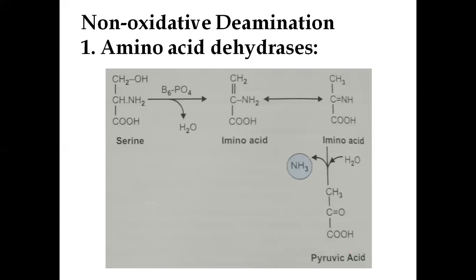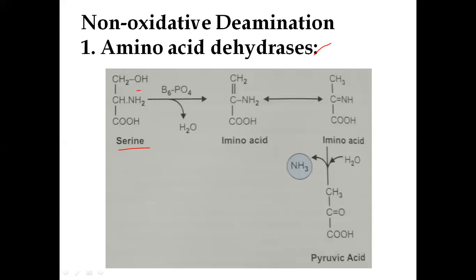First, we'll take up amino acid dehydrases. Here, the amino acid serine is taken, the hydroxy amino acid. So serine is the amino acid which has the hydroxyl group.